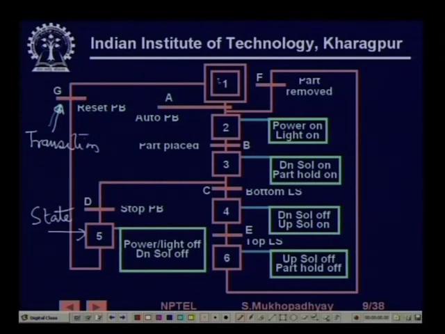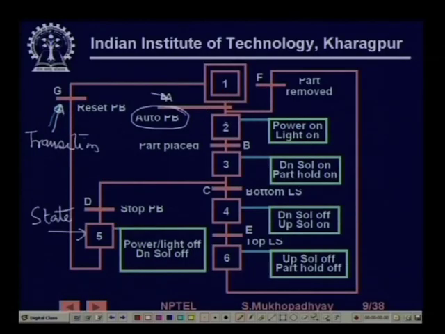You see that the double square means that that is the initial state. Initially, if the auto push button is pressed, transition A takes place and takes the system from state 1 to state 2. So, this is the transition condition. You can have much more complicated conditions, but in this case we have very simple conditions.